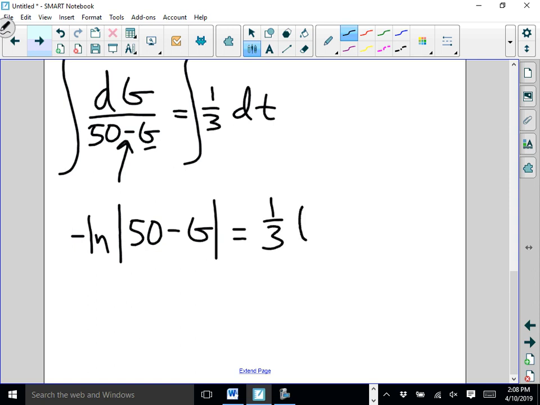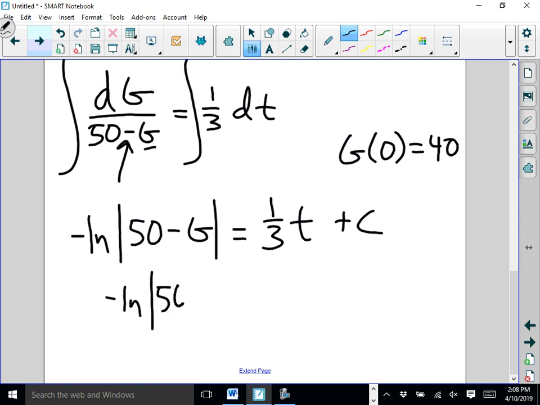Remember, integral of a constant, you just tack on the variable, plus c. Again, my initial condition is g of 0 equals 40. 0 is going to go in for t, 40 is going to go in for g. So I get negative ln of absolute value 50 minus 40 equals 1/3 of 0 plus c.